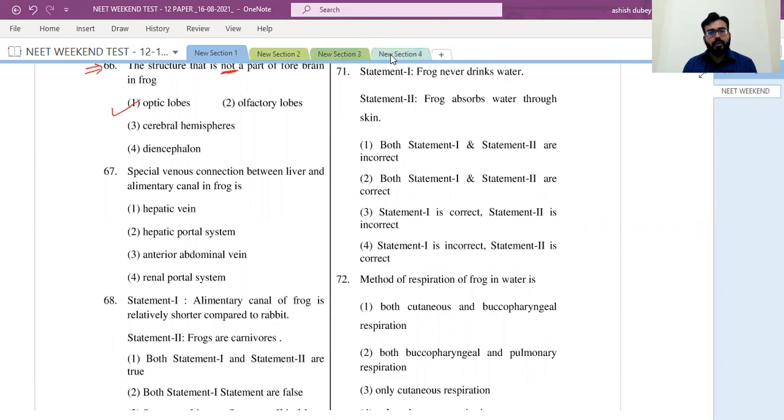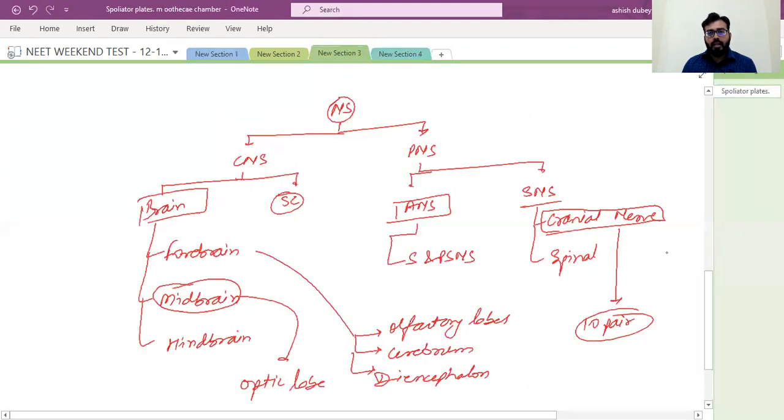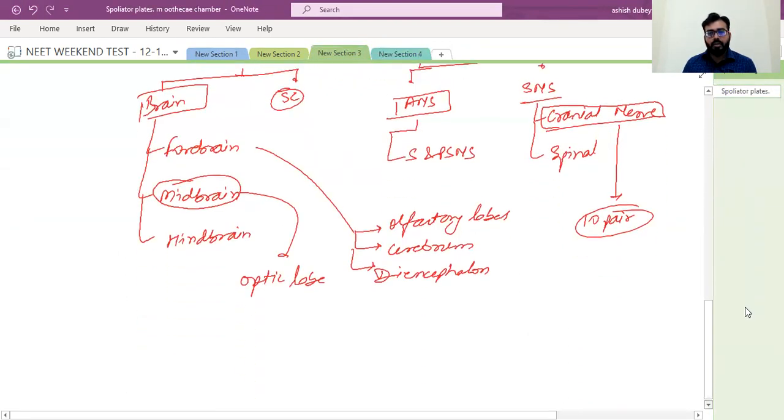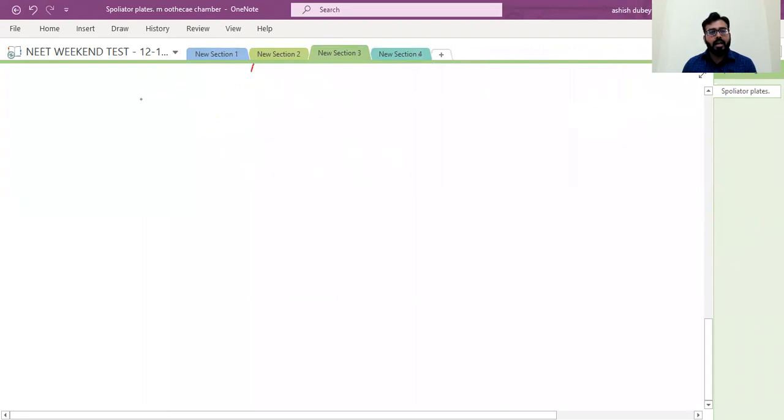One question can also be framed here: in the case of frog, corpora quadrigemina exists or corpora bigemina? Corpora bigemina means there are two bodies, so one pair of optic lobes, meaning two optic lobes, are there in the case of frog.